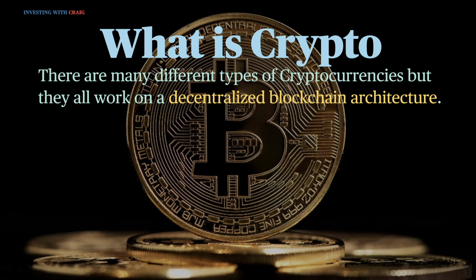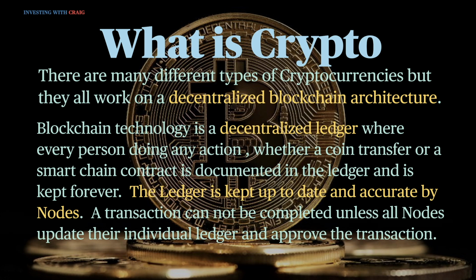Well, there are many different types of cryptocurrencies, but they all work on a similar backbone, so to speak. They're all a decentralized blockchain architecture. So blockchain technology is a decentralized ledger where, in essence, every person doing an action, whether it's transferring a coin or doing a new smart contract, is documented on the ledger and is kept on the ledger for anyone to see forever. Now, the ledger is kept up to date and accurate by things called nodes.